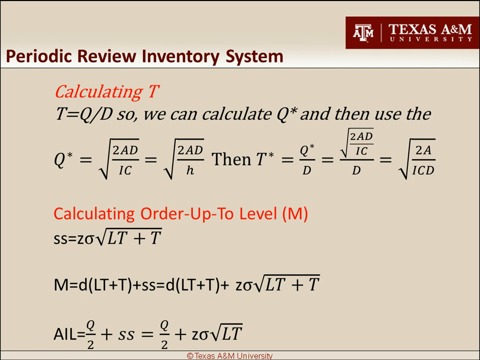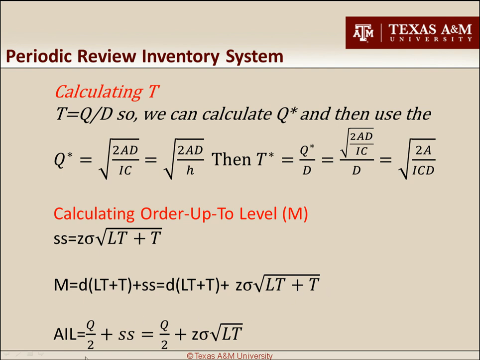Your order up to level becomes D times LT plus T, plus the safety stock. This is very similar to the reorder point. The only difference is that in the reorder point, we didn't have this T, but it was just D times LT, plus the safety stock.